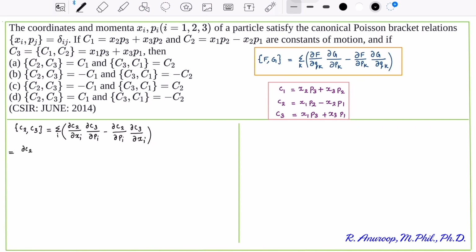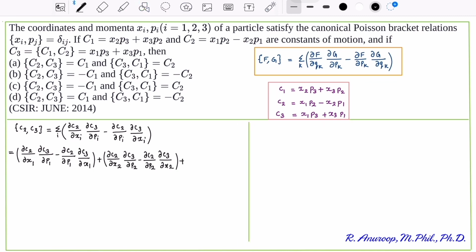This is equal to dou c2 by dou x1, dou c3 by dou p1, minus dou c2 by dou p1, dou c3 by dou x1, plus dou c2 by dou x2, dou c3 by dou p2, minus dou c2 by dou p2, dou c3 by dou x2, plus dou c2 by dou x3, dou c3 by dou p3, minus dou c2 by dou p3, dou c3 by dou x3.